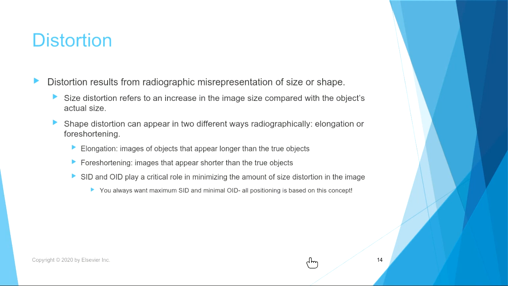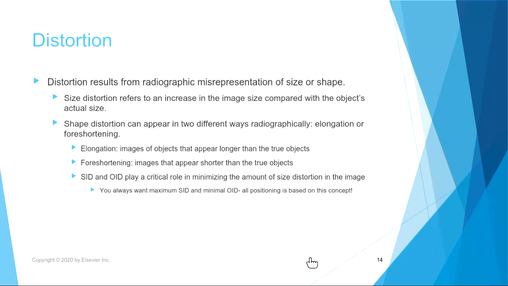That's the only type of size distortion you can have. I mentioned this before, you can never make an object smaller than it actually is because of the divergence of the beam. You can make the object true to size, or you can make it larger, but never smaller. So size distortion is where there's an increase in the size compared to the object's actual size.